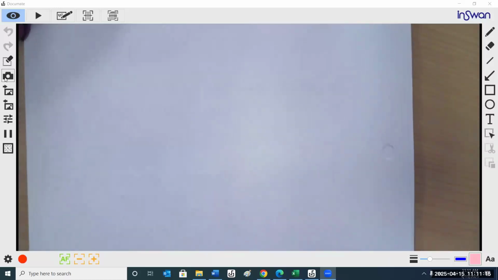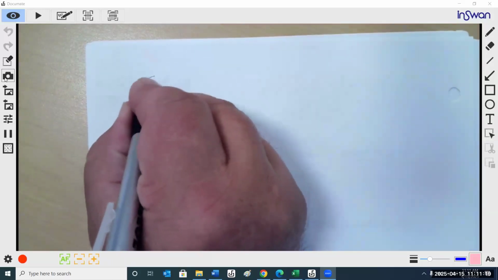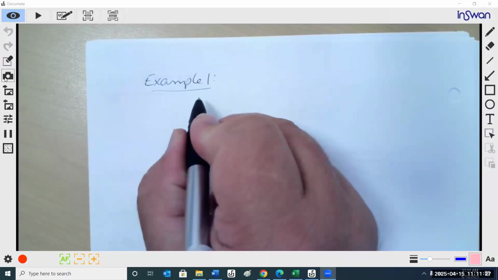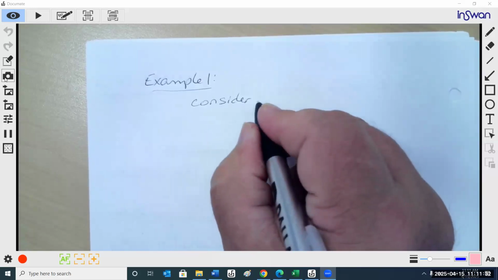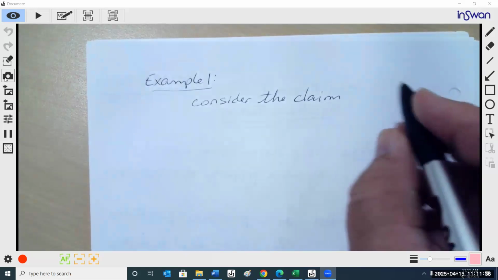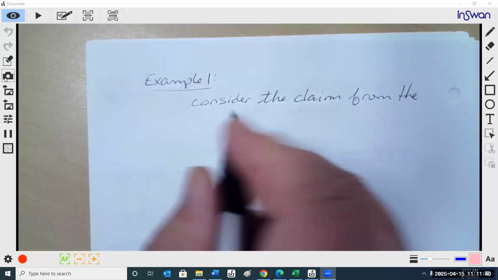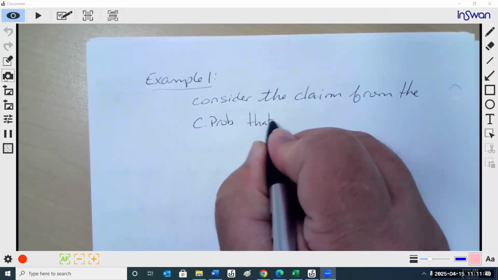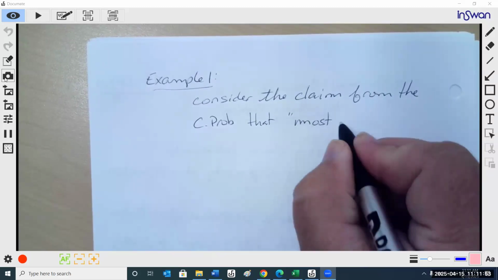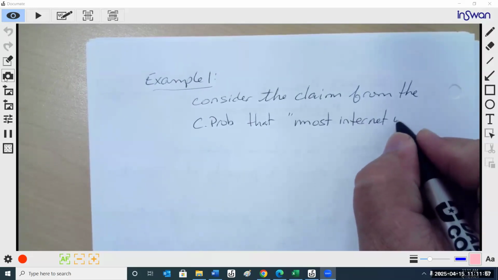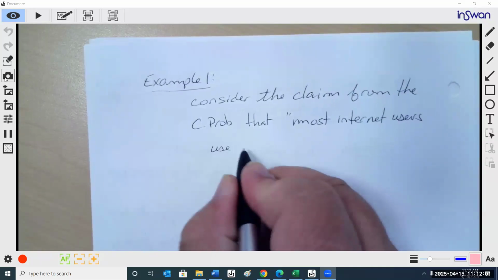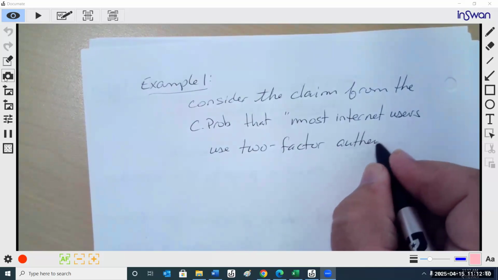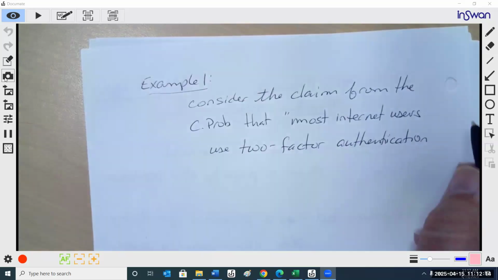Here's example 1. Consider the claim from the chapter problem that most internet users use two-factor authentication.